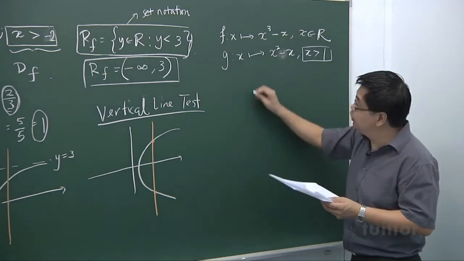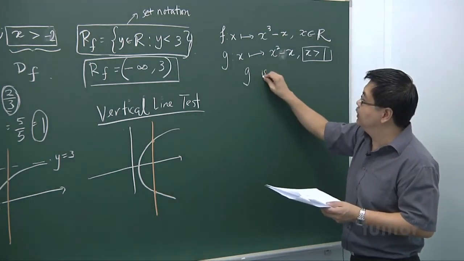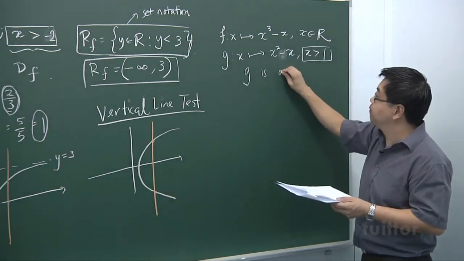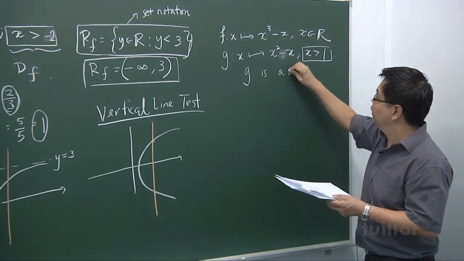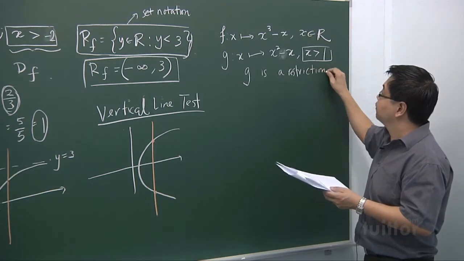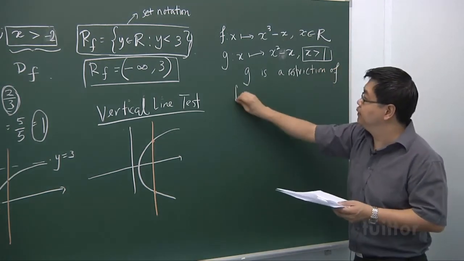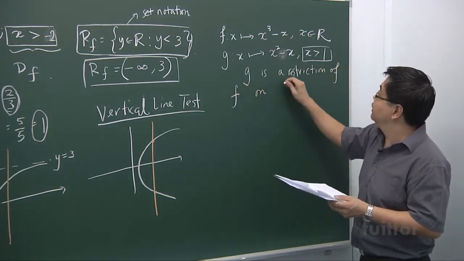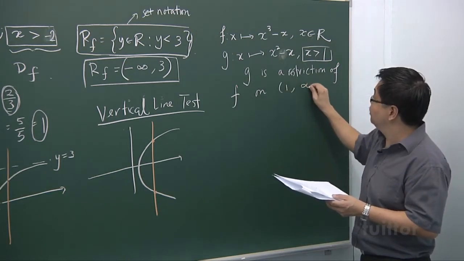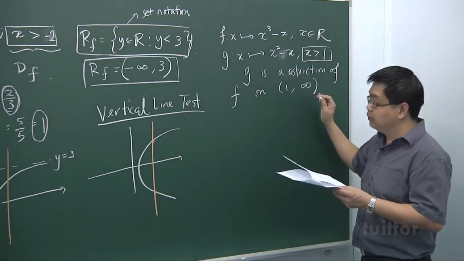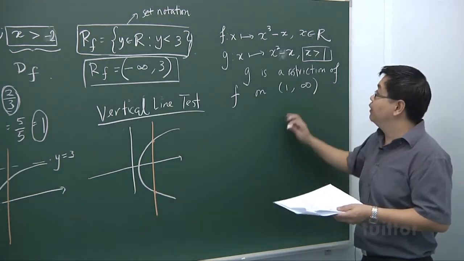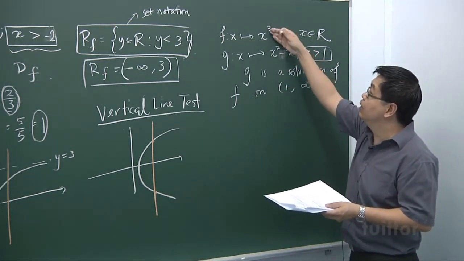So we say that g is actually a restriction of the function f on this set, 1 to infinity. It is a restricted function from 1 to infinity, because it shares the same rule.